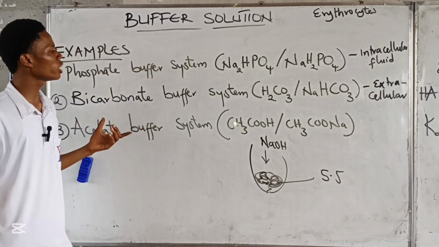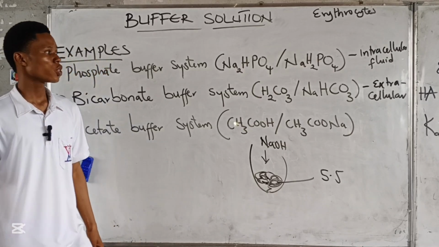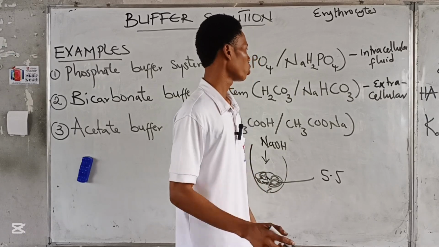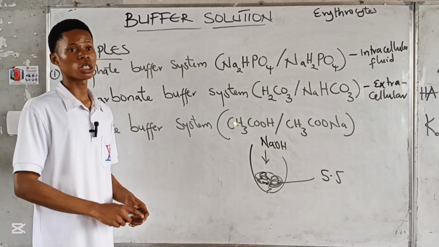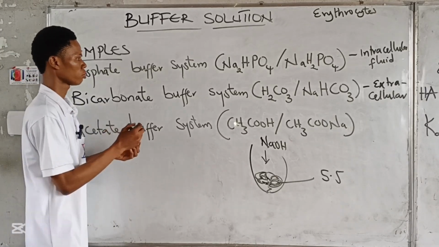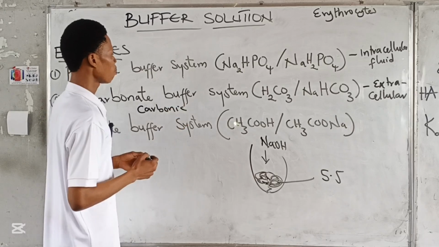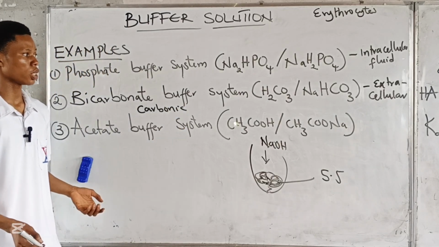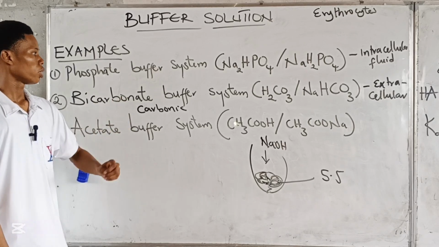Now, the bicarbonate buffer system operates in the what? Extracellular fluid. Please, the bicarbonate buffer system is also called the carbonic buffer system. So whether you see carbonic or bicarbonate, they are talking about the same thing.